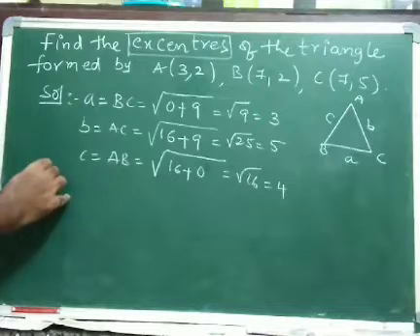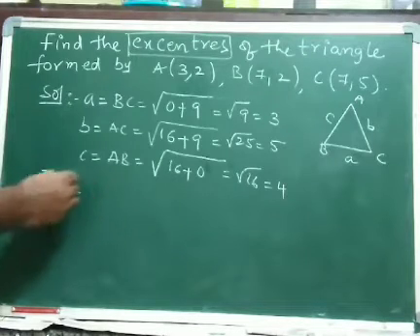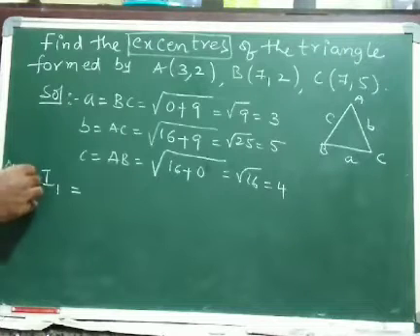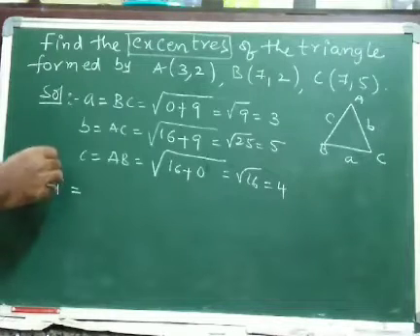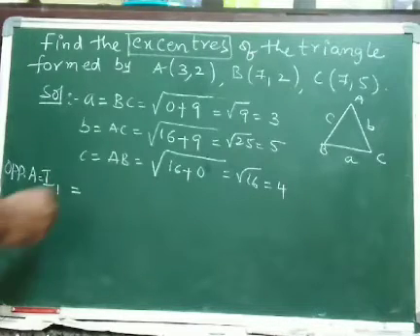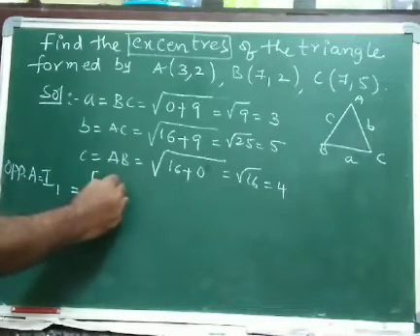So let me write the formula for I1, the excenter opposite to vertex A. So please write the formula first of all.